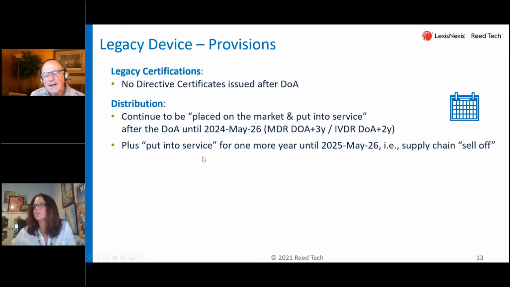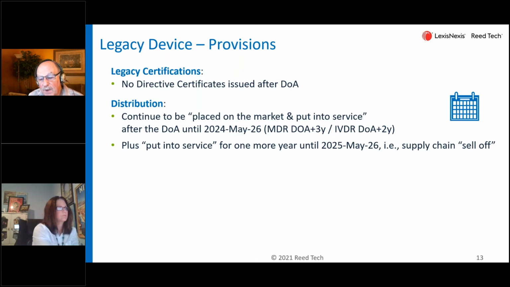And basically that allows products to continue to be flushed through the supply chain. So this would apply to anything that's out of the manufacturer's control. So the supply chain starting with the distributor, or maybe a healthcare warehouse or storage area. It's sitting on a shelf, and now you have up to a year to use that particular product on a patient.